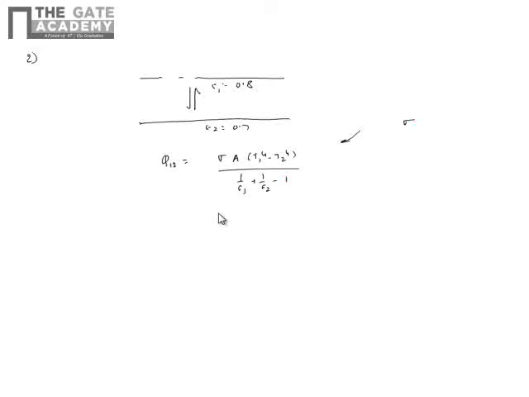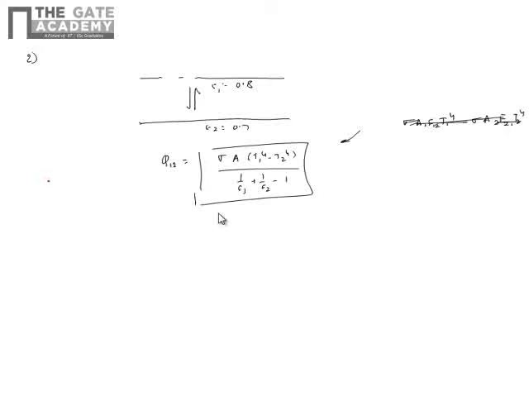This is sigma A1 F12 T1 power 4, the amount of radiation emitted by the first surface that falls on the second surface, minus the amount of radiation that is coming from the second surface. If we subtract these two, the emissivities also have to be included. Considering all that, you get this general formula. I'm not deriving this because it is all derived in the books.